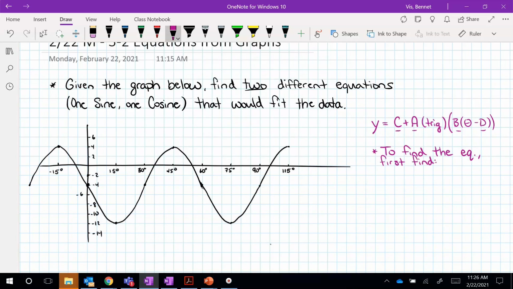So first find the sinusoidal axis, the amplitude, those are my vertical features, then the period, and then the phase displacement.